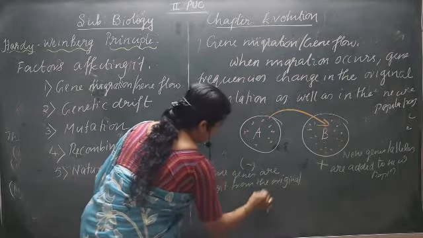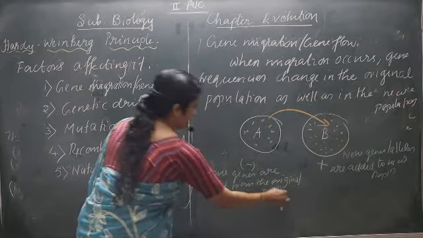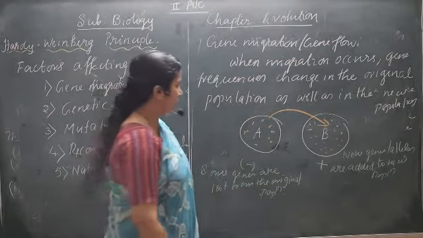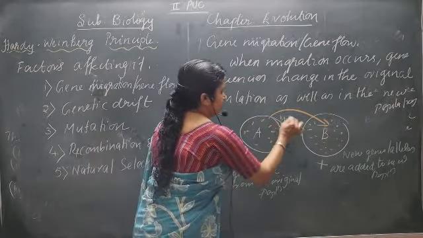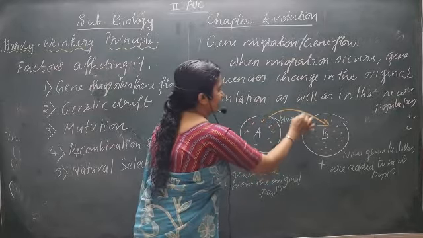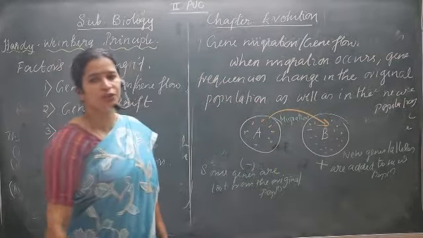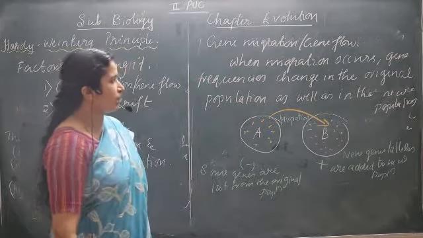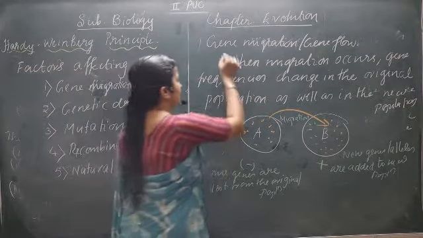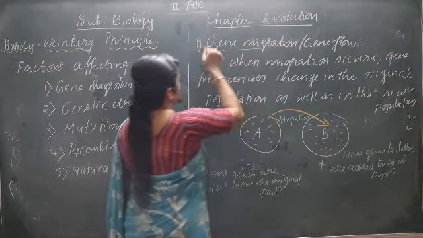So from the original population there will be a loss of some genes, whereas in the new population there will be an addition of some new genes. This is what gene migration or gene flow means.